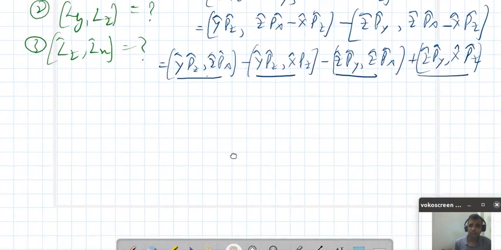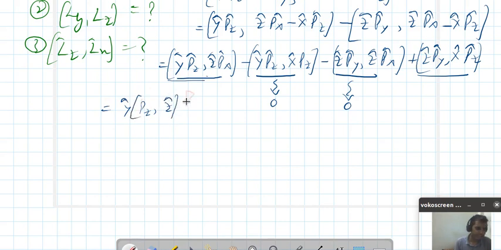I will talk about it later, but its value will become 0, its value will become 0, and the value of this commutator will be equal to y pz, z and px, and the value of this last one will be x commutated with z pz, into py.